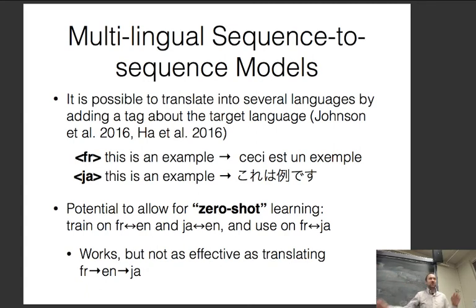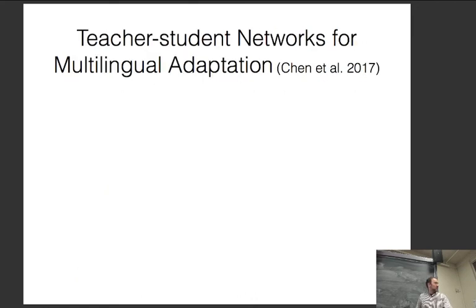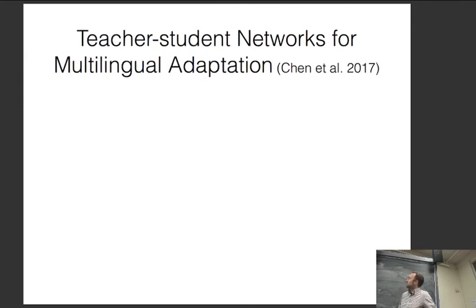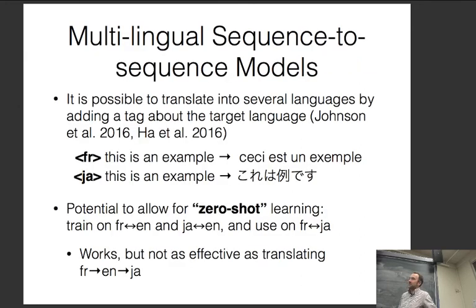I'll let you be creative in thinking of the tasks that you could do. So zero-shot learning doesn't work very well as is. But zero-shot learning has an advantage in that if you have like 50 language pairs or 50 tasks, you can learn a single model that will perform all of them for you.